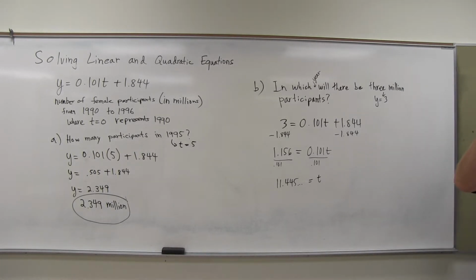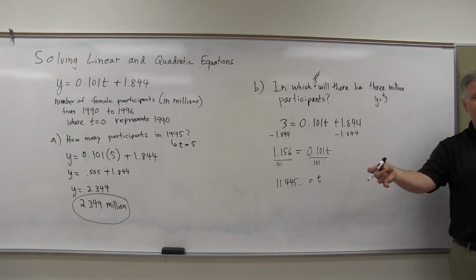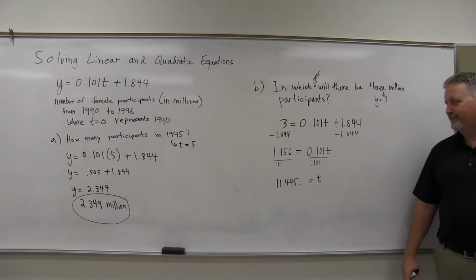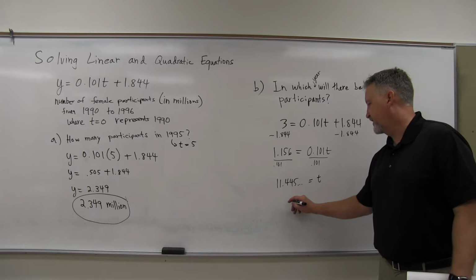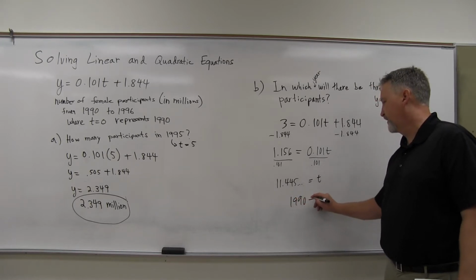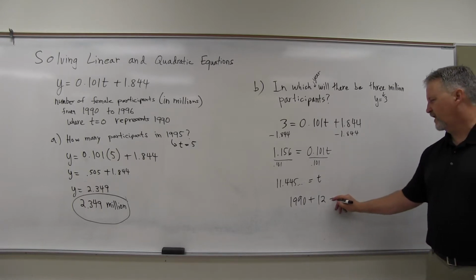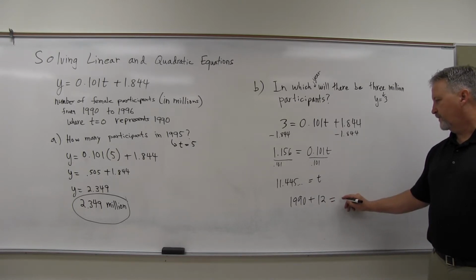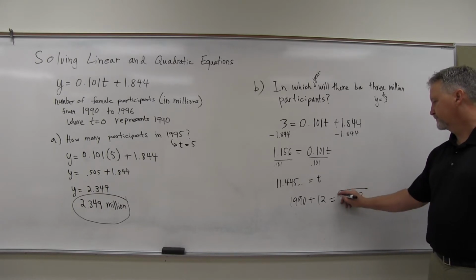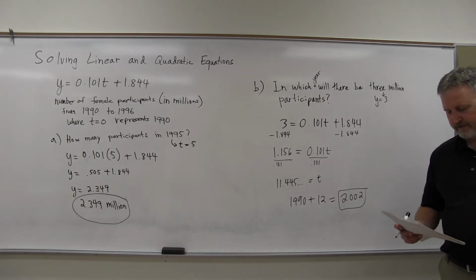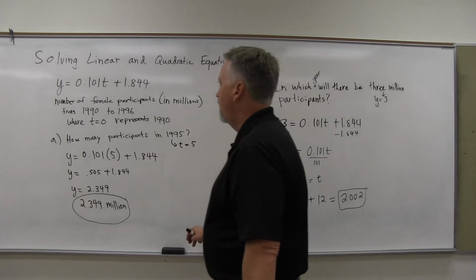So it's not going to happen in year 11. It's going to happen the next year. It's 11 and then a little bit, so you have to add one more year. So the answer is 1990 plus 12, because 11 is not quite enough. What is that? 2002. Year 2002 would be when participants reach 3 million.